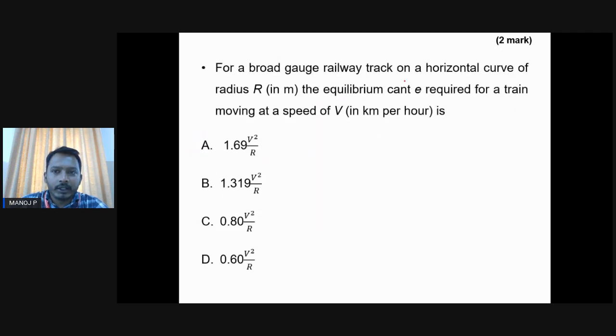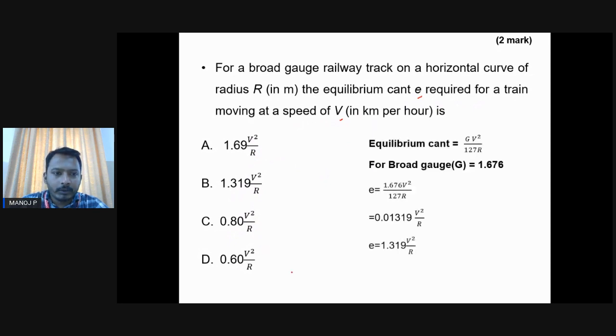For a broad gauge railway track on a horizontal curve of radius R, the equilibrium cant E required for a train moving at a speed of V kilometer per hour is how much? 1.69 V square by R, 1.319 V square by R, 0.80 V square by R, or 0.60 V square by R. They have asked you to find the value of E, the equilibrium cant.